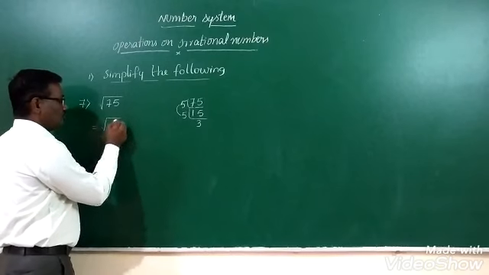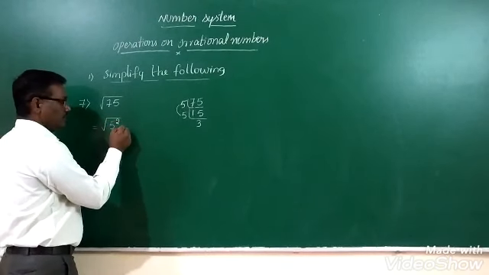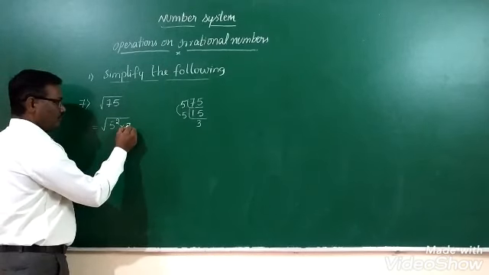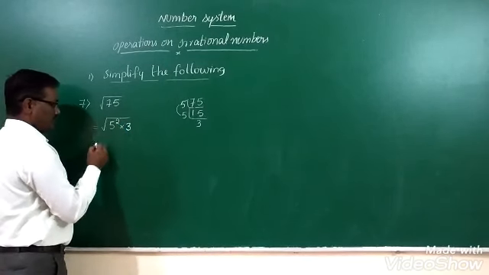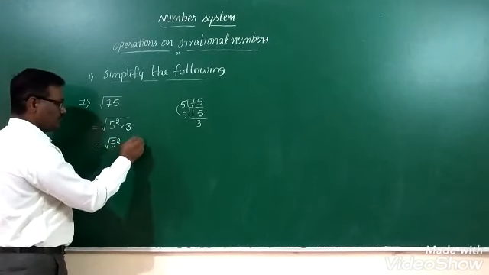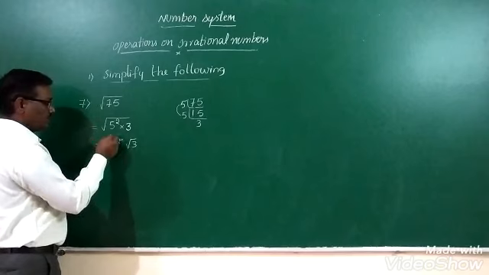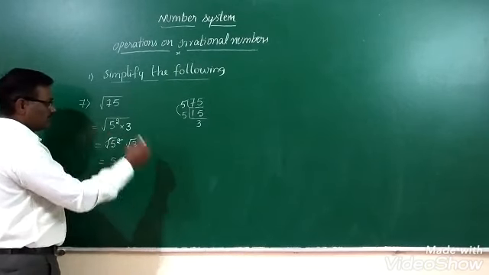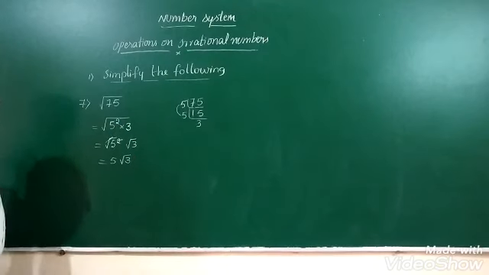Therefore, root of 5 square into 3, that is root 5 square into root 3. Square and root cancel: 5 root 3. It is the simplified form of root 75. Is it clear now? Right.